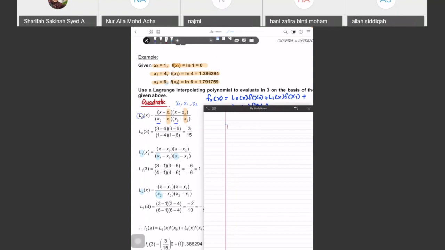So in order to calculate, you have x naught and x2 as your data points. So you have down here x naught minus x naught. This is actually the first item, x minus x1. And then this one you have x minus x2.